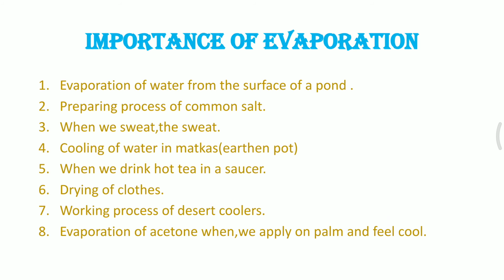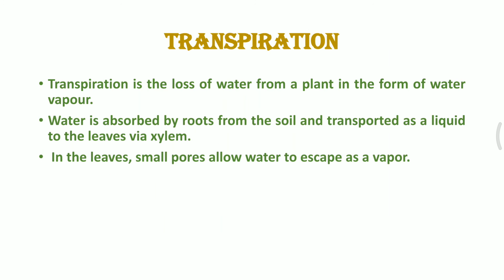Now, what is the difference between evaporation and transpiration? That is something which we need to understand. In the process of transpiration, the loss of water is taking place from the plant in the form of water vapor. Water is absorbed by the roots from the soil and transported as a liquid till the leaves through the xylem, and from the xylem, there is presence of guard cells.